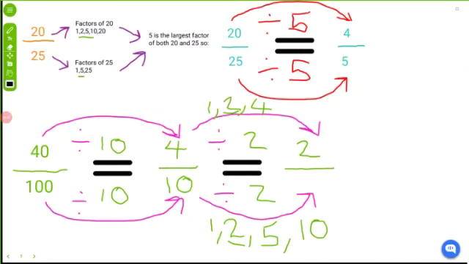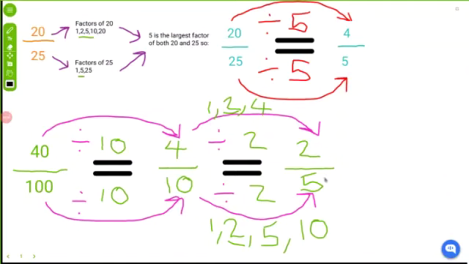So let's go. 2, 4, 6, 8, 10. So that becomes 5. So now we have simplified our fraction together. So 40 over 100 simplified becomes 2 over 5, or we can say what?